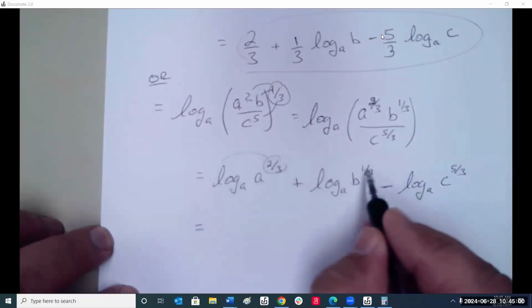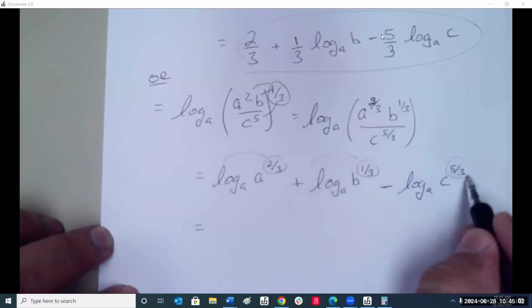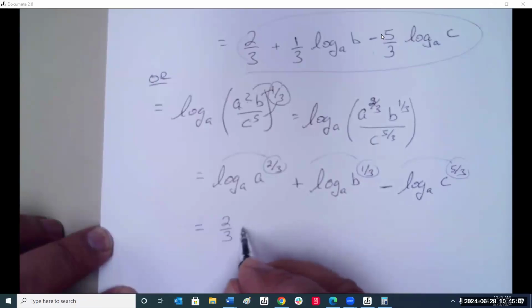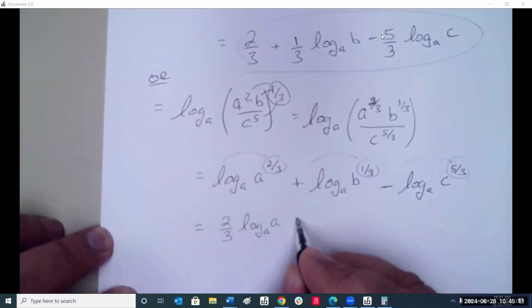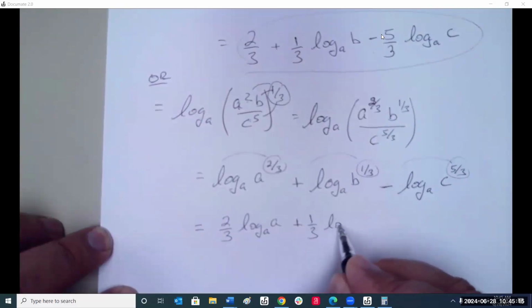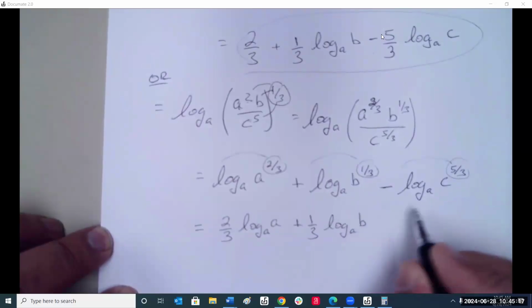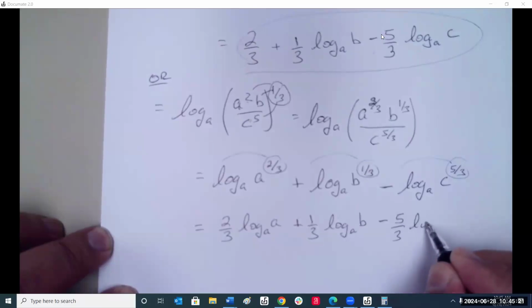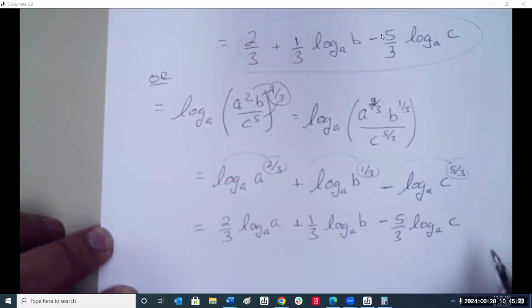Bring all the powers in front. Two-thirds log base A of A plus 1/3 log base A of B minus 5/3 log base A of C.